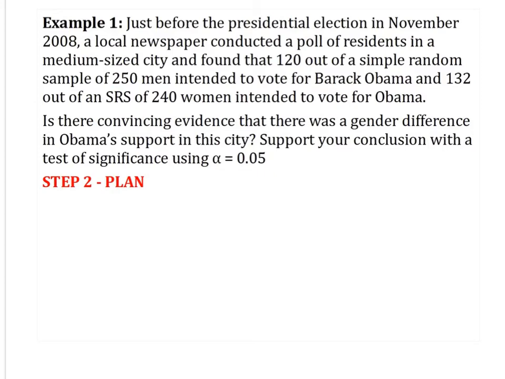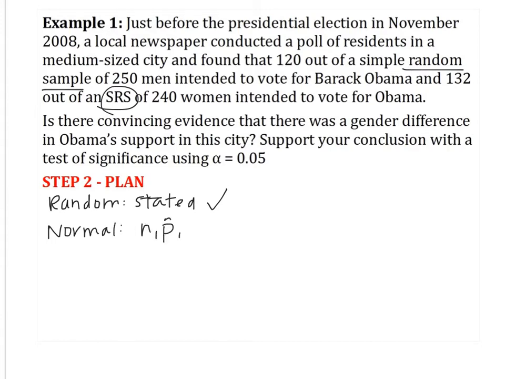If you look back on the last problem, we did all of this plan step together. So just to review, random is stated, and it's stated right here with random sample of men and SRS of women. Normal: I have to make sure that N1 times P hat 1 is greater than or equal to 5.